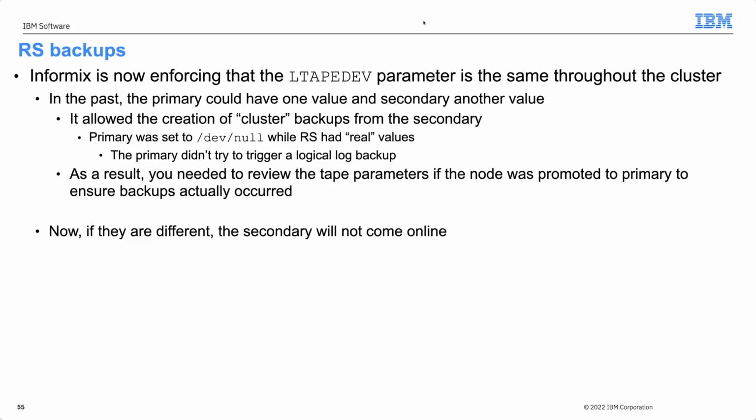There were reasons for that in earlier versions of Informix. Now, if you try to bring up a secondary and its LTAPEDEV is different from what's on the primary, you will get an error message and the secondary will shut down gracefully and will not allow you to come online. So just be aware of that.